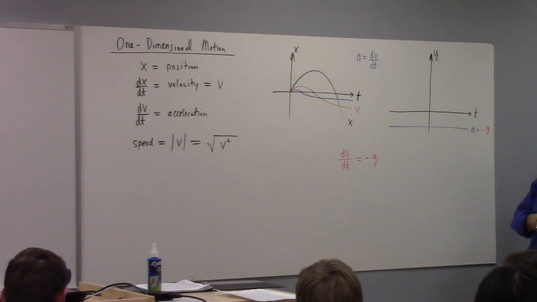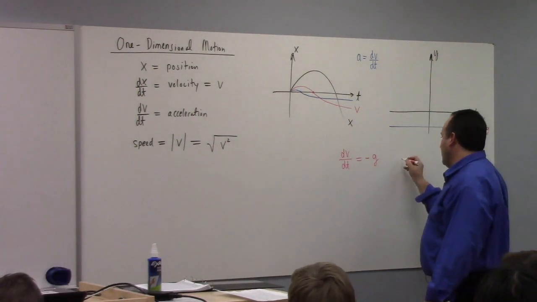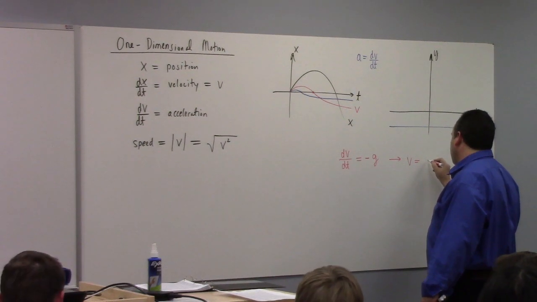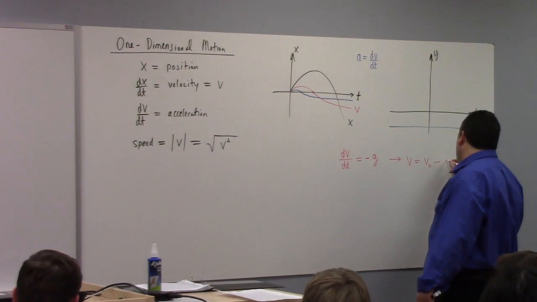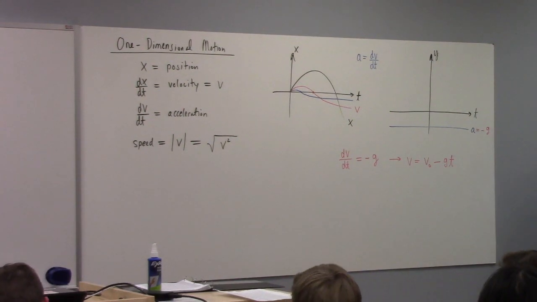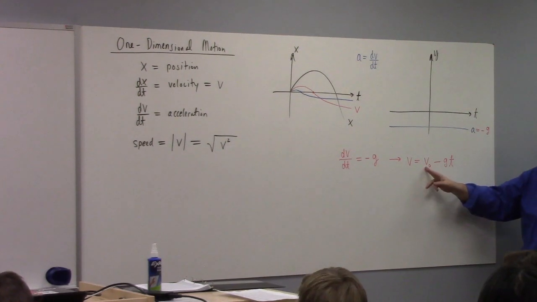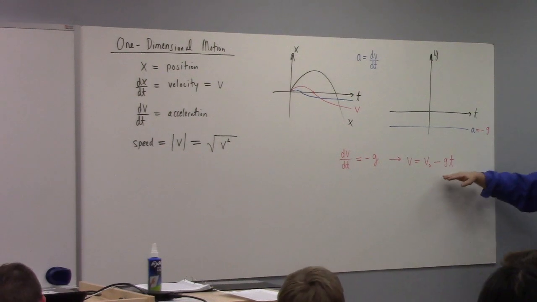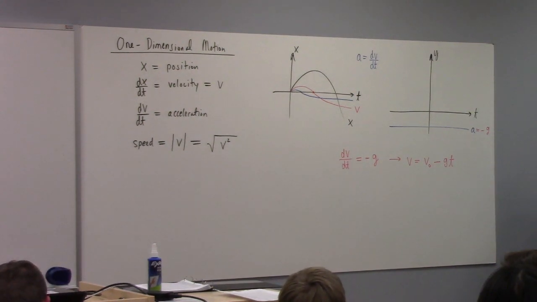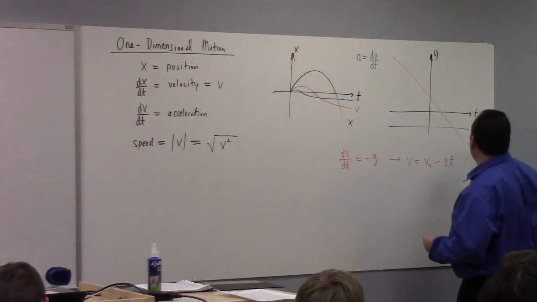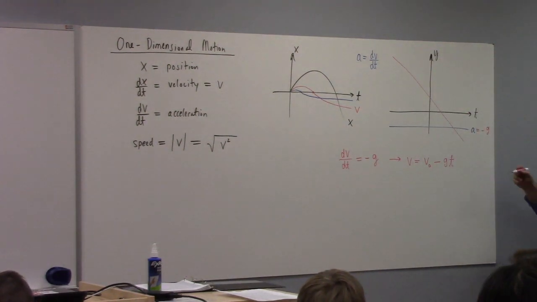What happens when we integrate that? v is equal to v naught minus gt. That's what we get from integrating that. So the velocity at time t would be some initial constant minus g times t. Here I'm assuming g is a constant, all right? What's the graph of v naught minus gt? Well, it's a line with negative slope, right? So it's something like this. So there's your velocity curve.